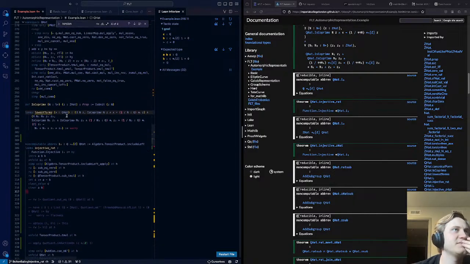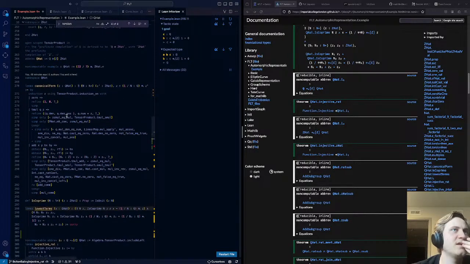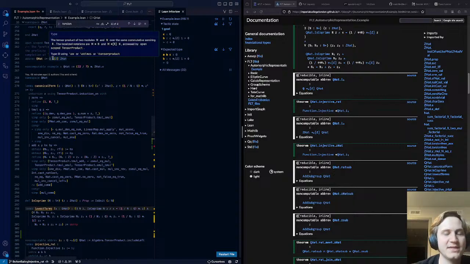So Q hat is, okay, defined as this tensor product of modules, which must somehow have an instance of 0 for this tensor product here.